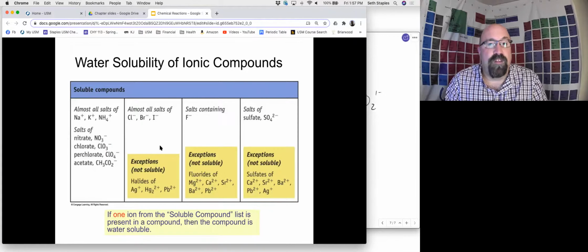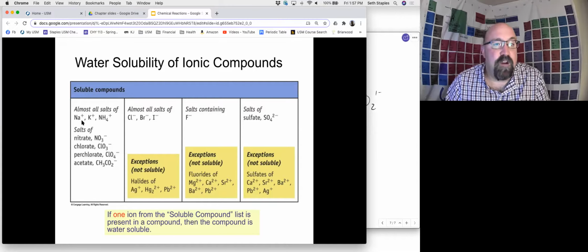And so this is a list of all soluble compounds. These are things that absolutely will dissolve if we place them in water. So remember that salt is just our chemical definition of an ionic substance. And so all salts, all ionic substances that are made up of sodium, potassium, or ammonium, if any of those are the positive ions, then the substance is soluble.